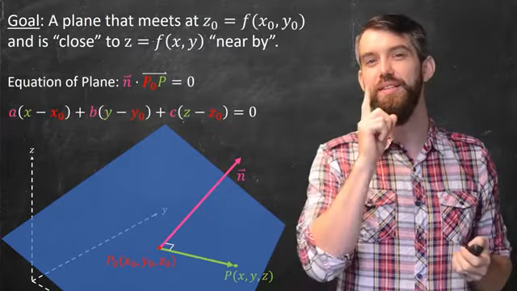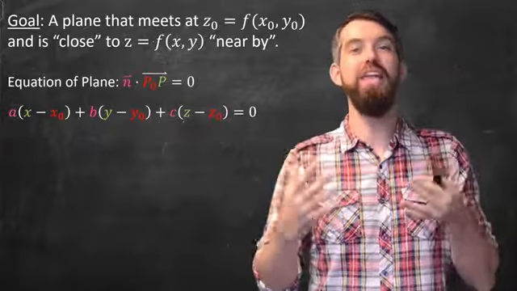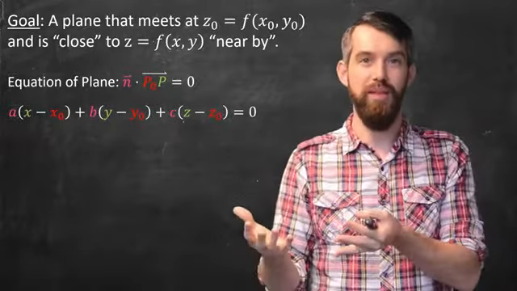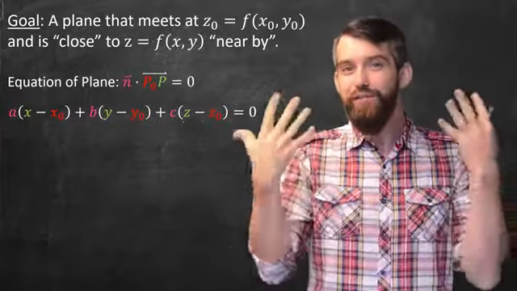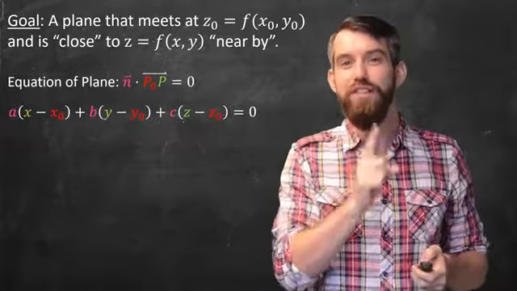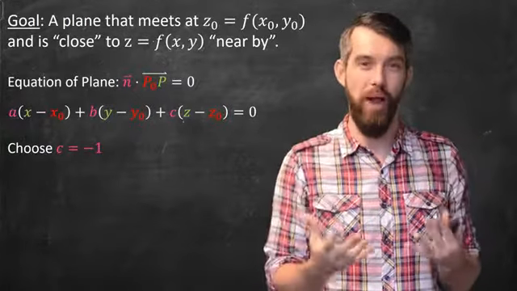I'm going to begin with a simplifying assumption. Imagine that c is any non-zero number. If that was the case, like it was, say, plus 7, I could divide through so that the coefficient of the (z minus z0) was just equal to the value of minus 1.